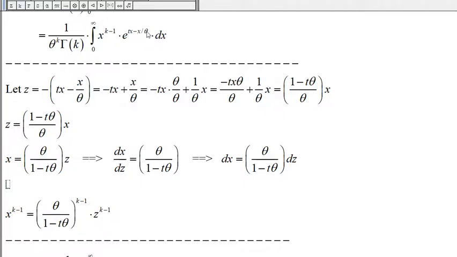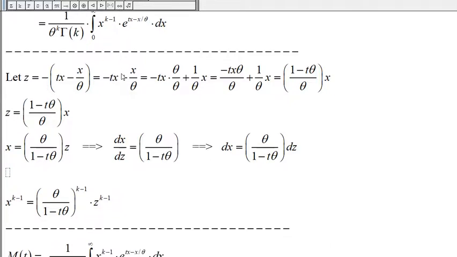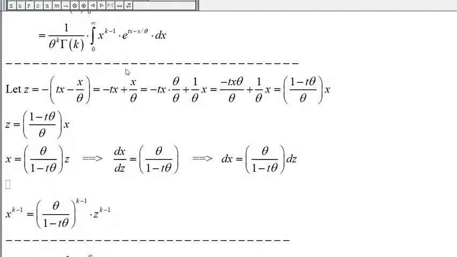tx minus x over theta will be negative z, since z is the negative of this expression.